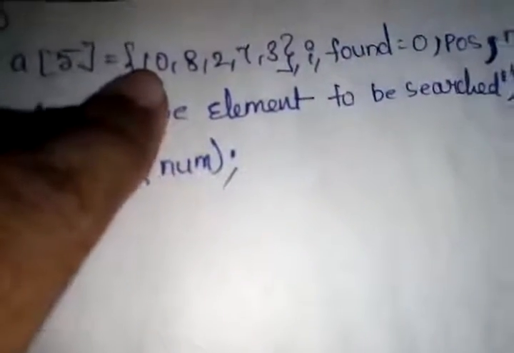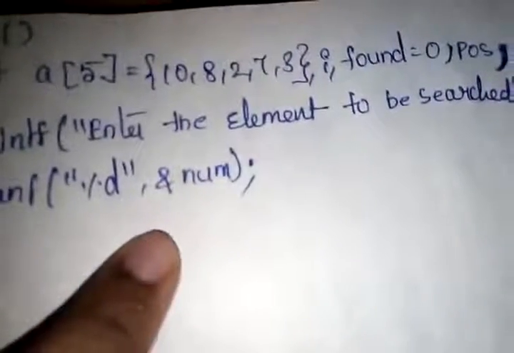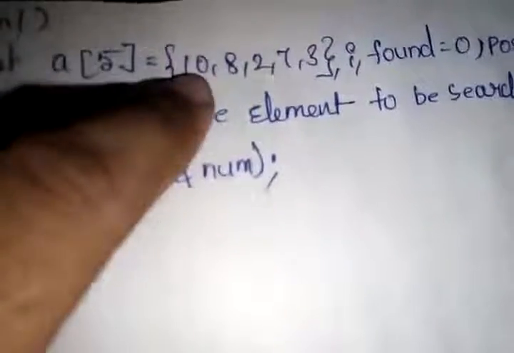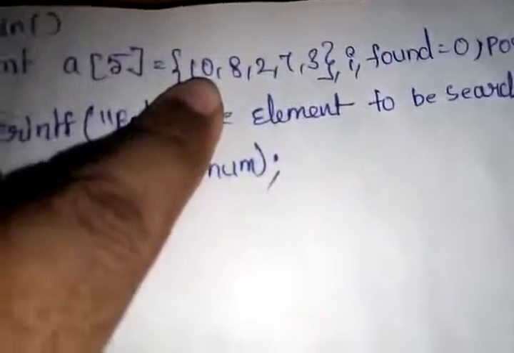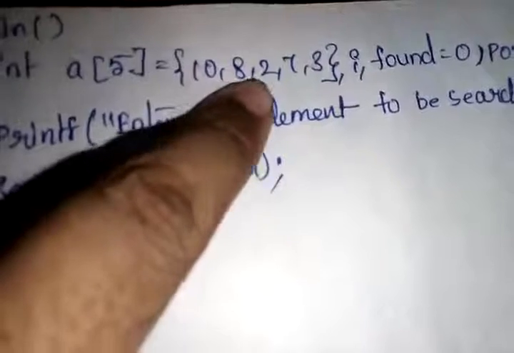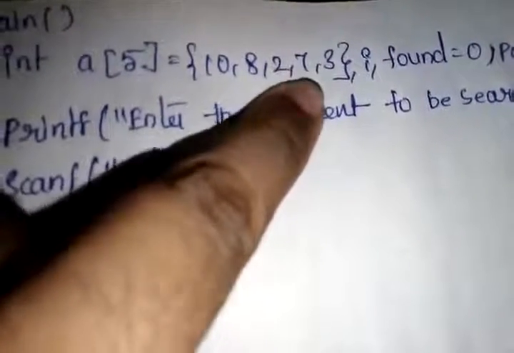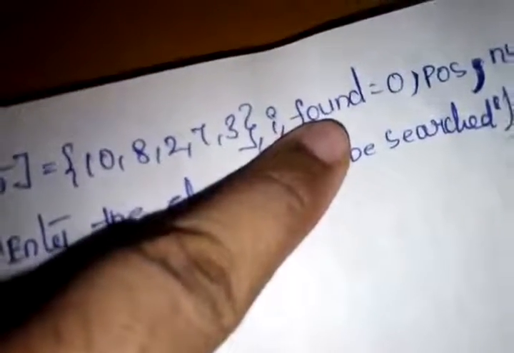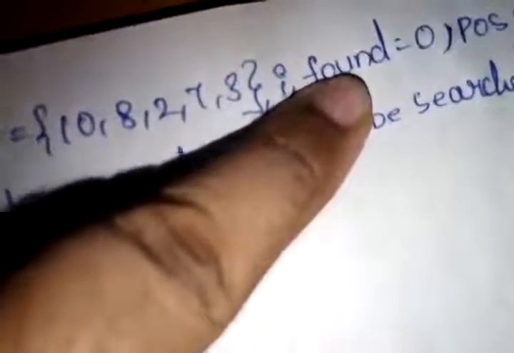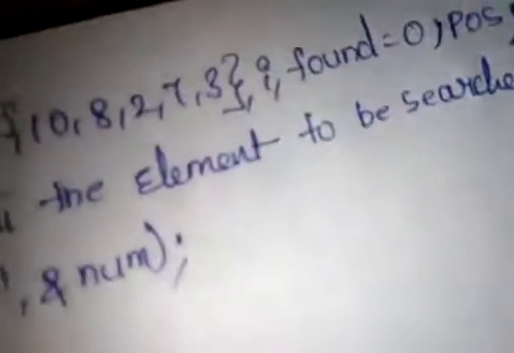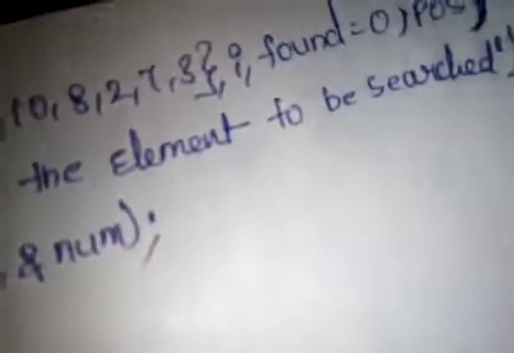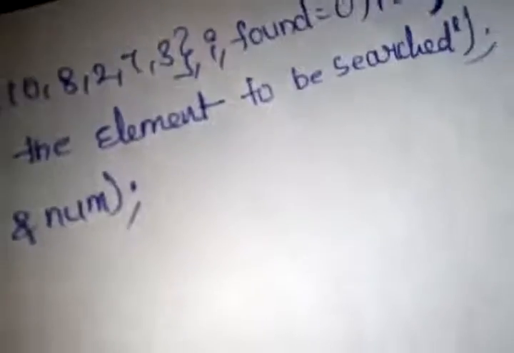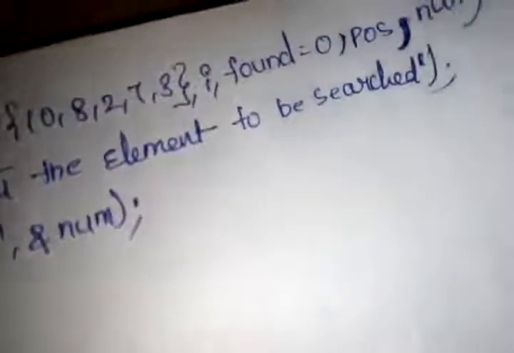So initially, suppose I am taking the element 9 to be searched. So 9 is compared with the first element, not present, 8 not matching, 2 not matching, 7 not matching, 3 not matching. So if no element is matched, this found value will always be 0. So at the final stage we'll compare the value of found, and if it is equal to 0, then it indicates that no such element is present in the array.